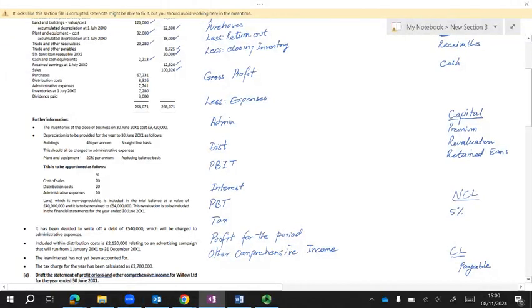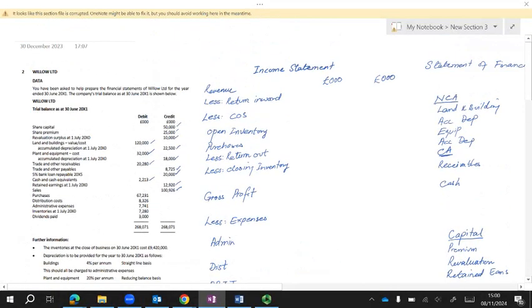And then there is a sales figure of 100,926. There's a purchases of 67,231. Distribution cost of 8,326.